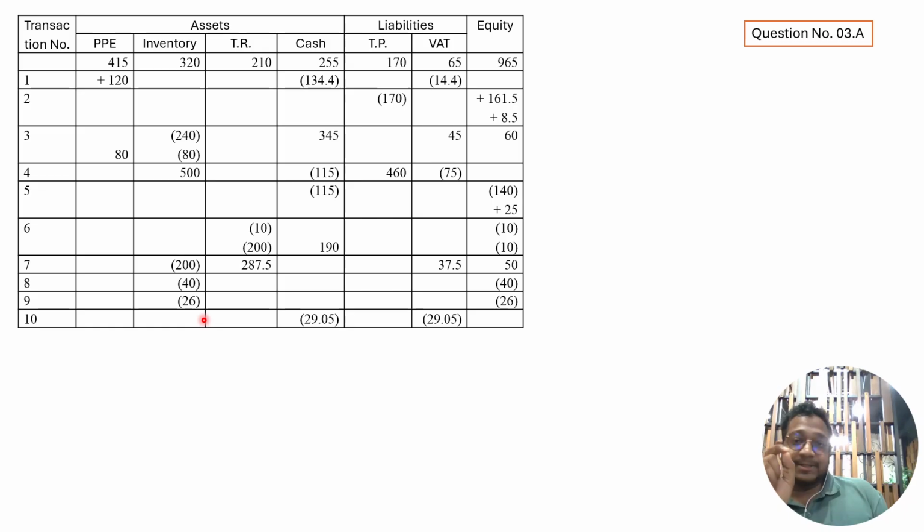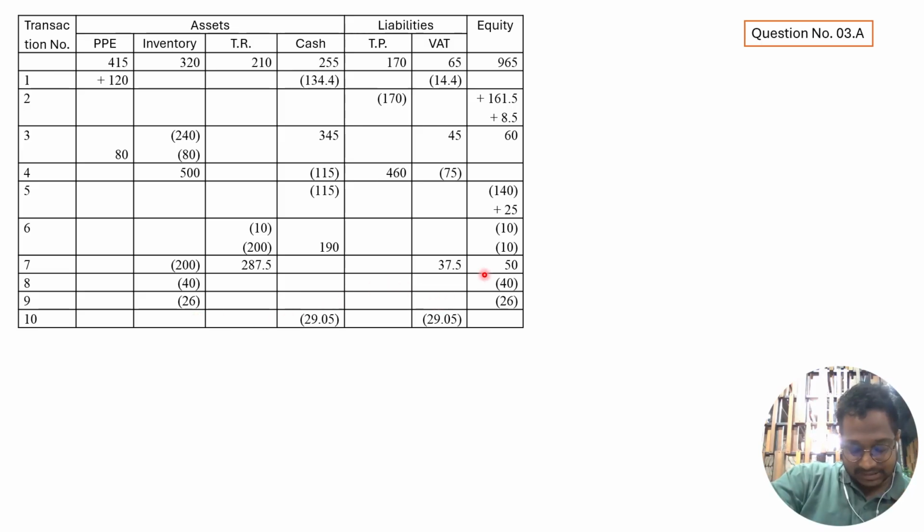And those products' cost is 20,000, but the net realizable value is 18,000. So which means 2,000 per unit, you should do the stock written off. So altogether, your written off is 26, and that should be minus from inventory and equity as well.